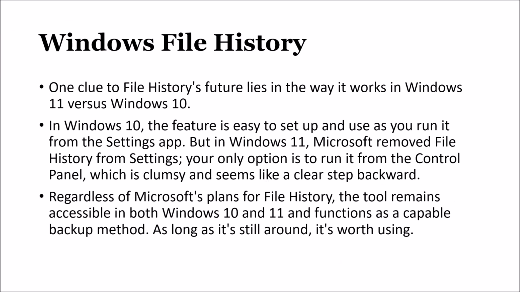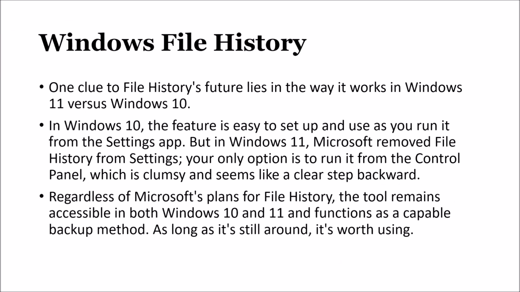One clue to File History's future lies in the way it works in Windows 11 versus Windows 10. In Windows 10, the feature is easy to set up and use as you run it from the Settings app. But in Windows 11, Microsoft removed File History from Settings. Your only option is to run it from the Control Panel, which is clumsy and seems like a clear step backwards.